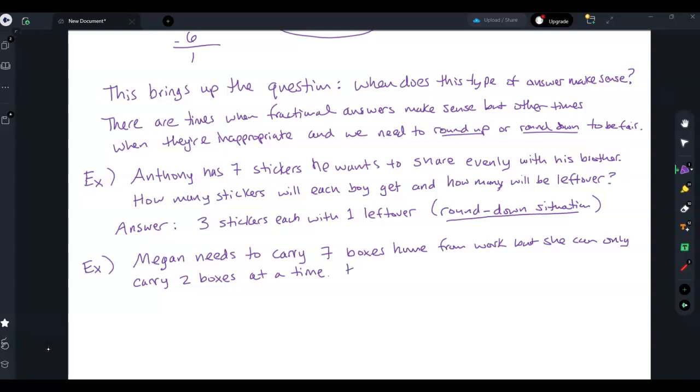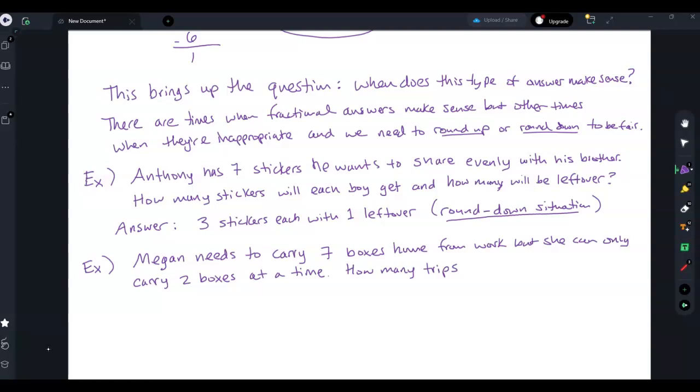And so I want to know how many trips, right? If you write this type of story problem, be really specific here. If you just said, how many trips must Megan take? Some students are going to interpret that as the trips she's taking boxes from work to home, but also the trips going back to work to get more boxes. So you want to be really careful and really specific if you write these.